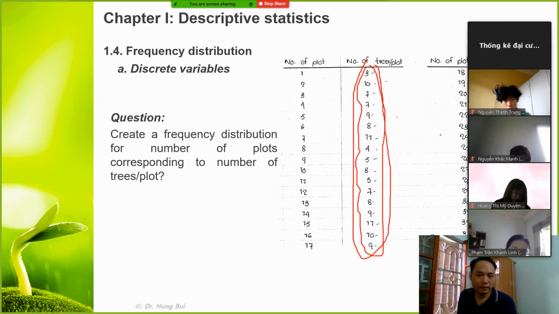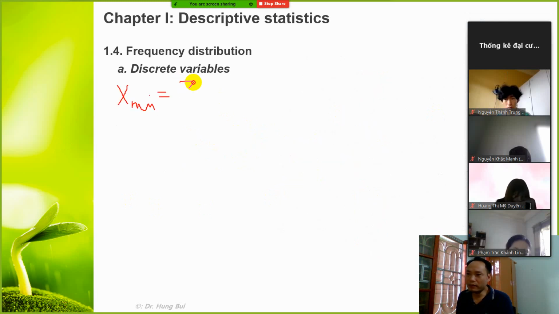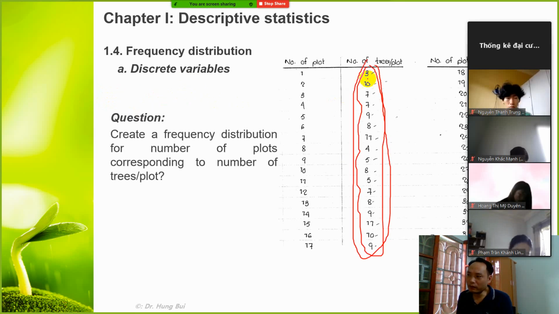Guys, 3. Okay, very good. 3 is the smallest value. So minimum is 3. Write down, guys. Step 1, like that. X min equals 3.